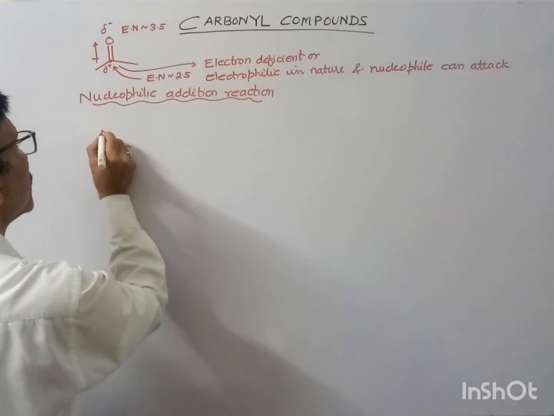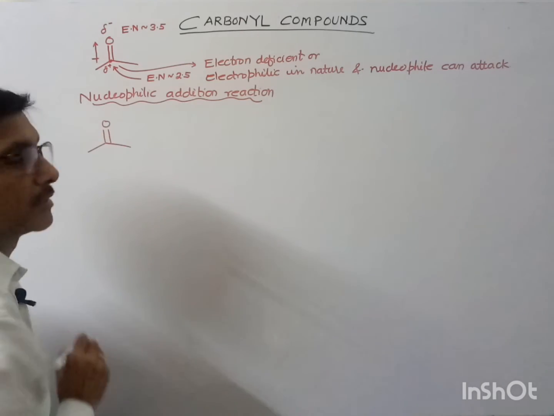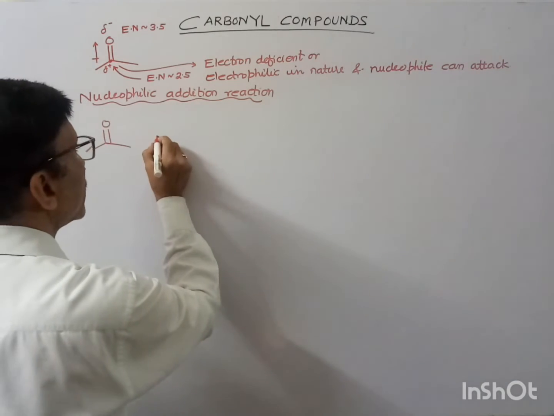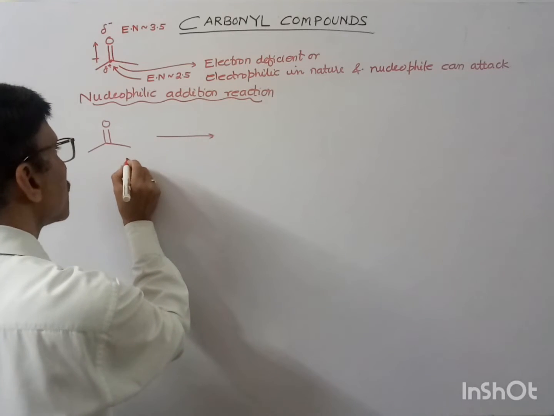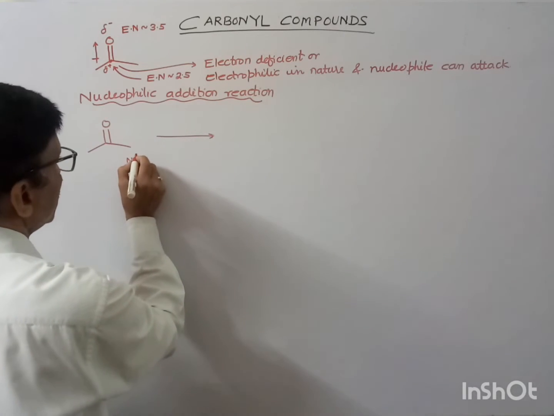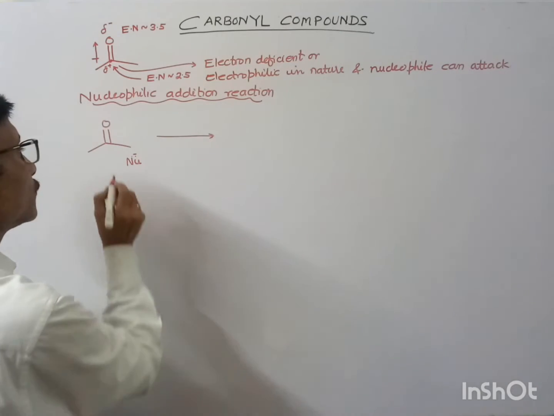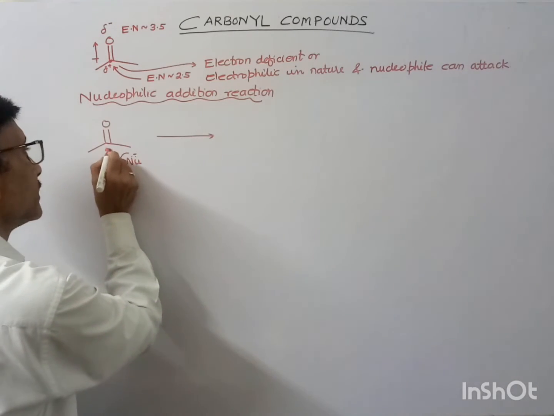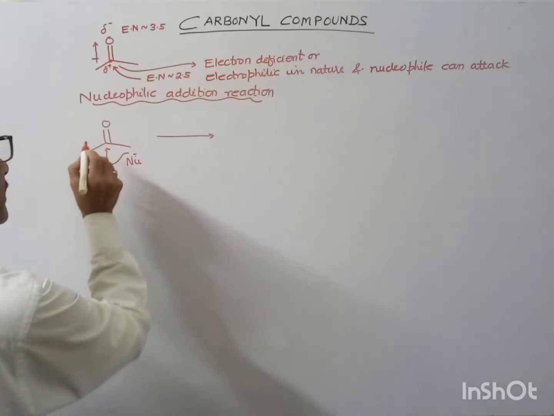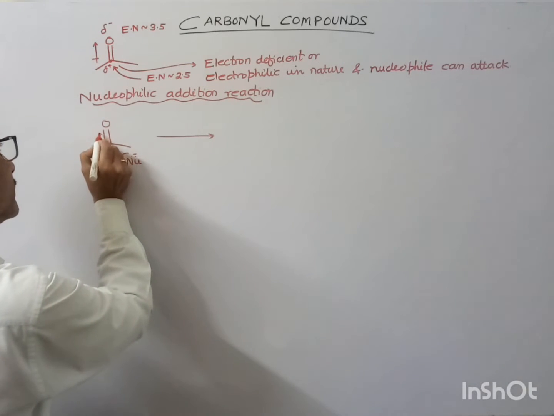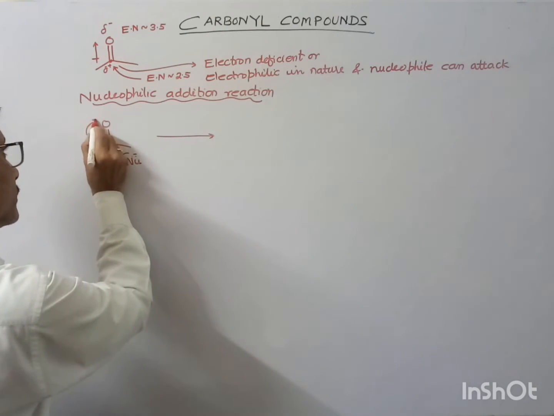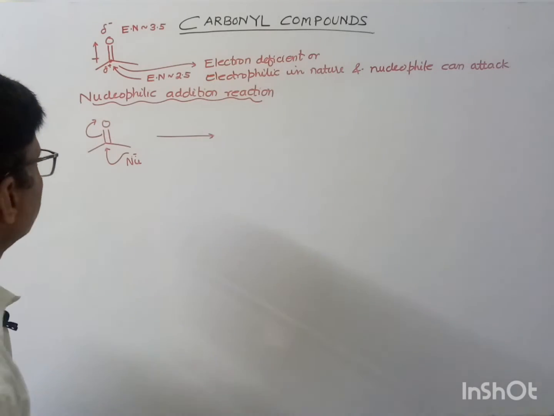Suppose you have a carbonyl compound in the presence of a nucleophile. Then the nucleophile will attack this electron deficient carbon, the pi bond will break, and the electrons will go into the anti-bonding molecular orbital.